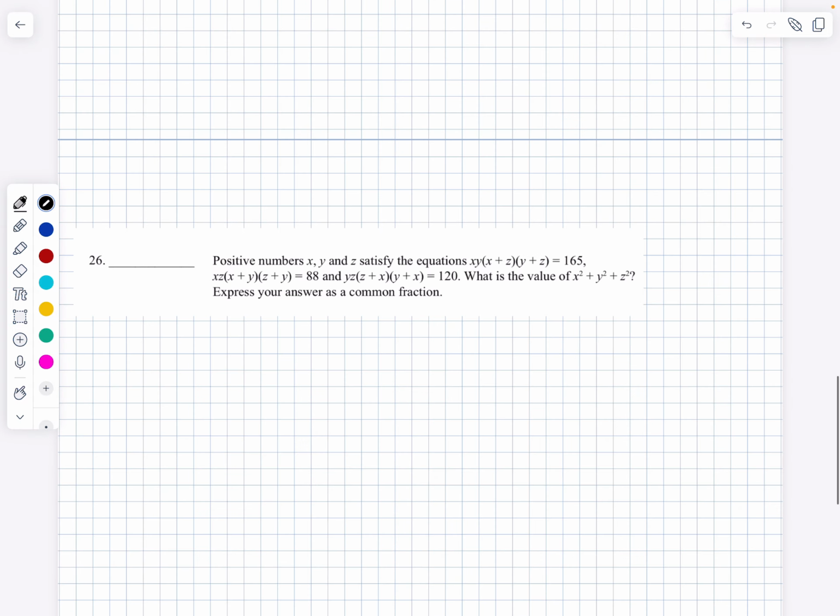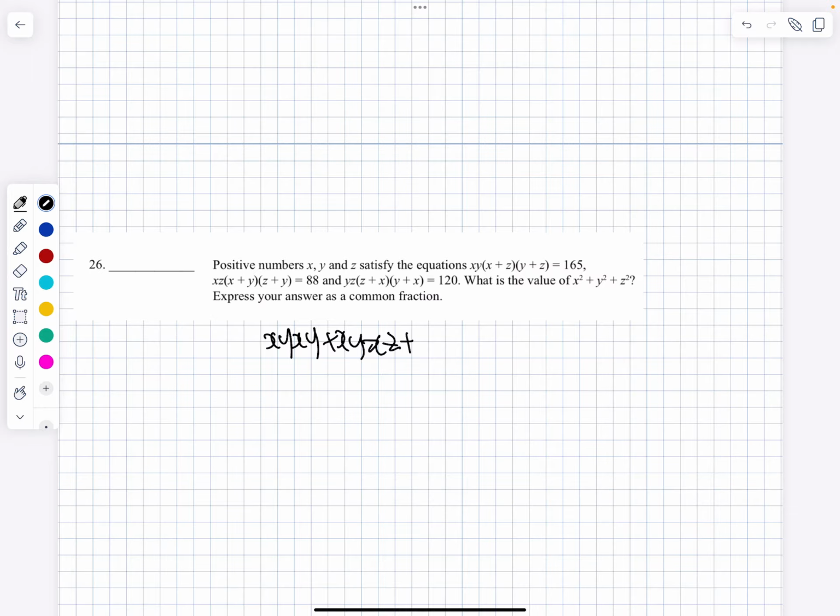So, in the question, if we look at the first equation, we can represent this as xy plus xy xz plus xy zy plus xy zz, which can also simplify as xy plus xz times xy plus yz.